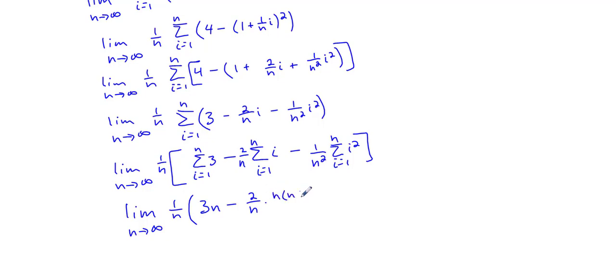Check me on that one. All right, minus 1 over n squared. The sum of i squared is n times n plus 1 times 2n plus 1. This is the one where people get it wrong because they forget to multiply by 2 when they're figuring out their limit. And that's all over 6, I believe, right?